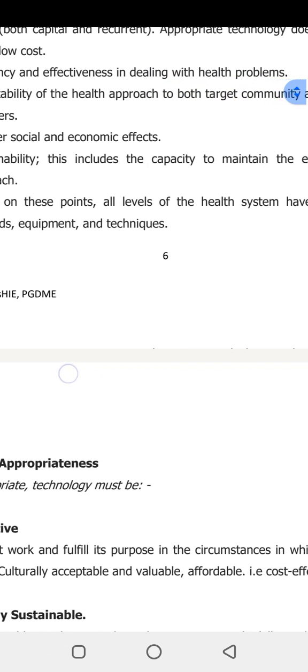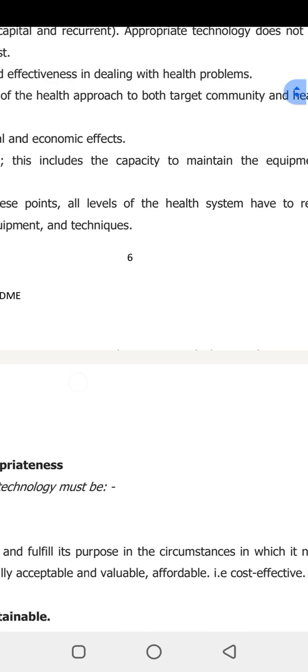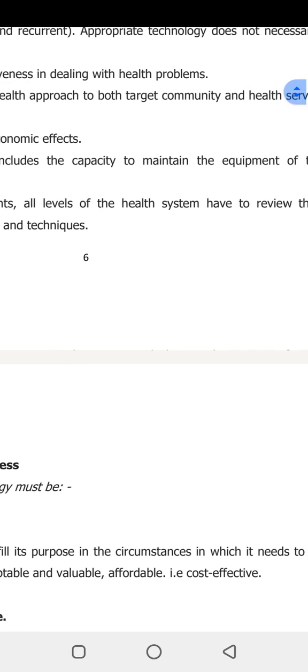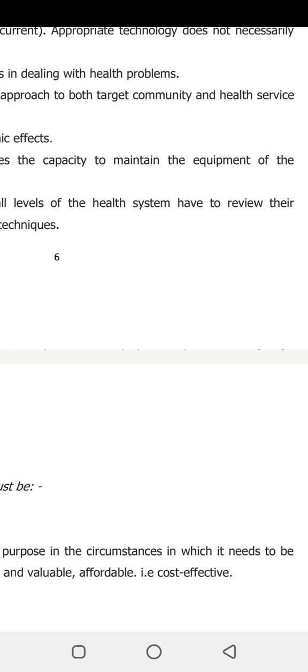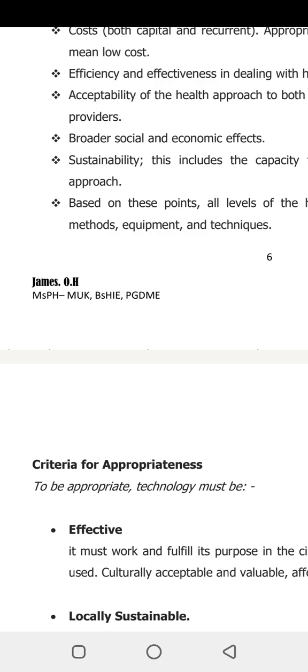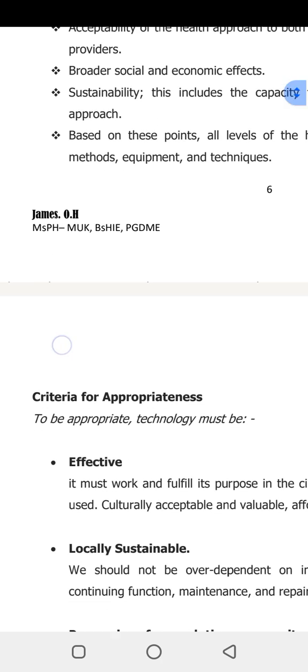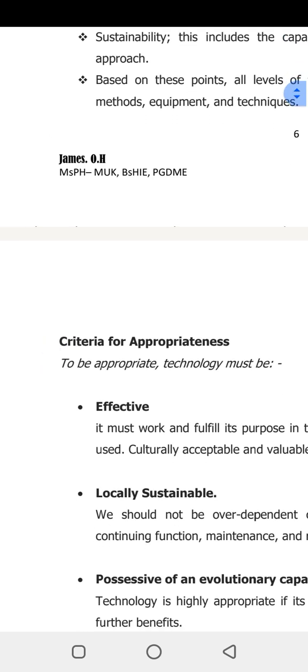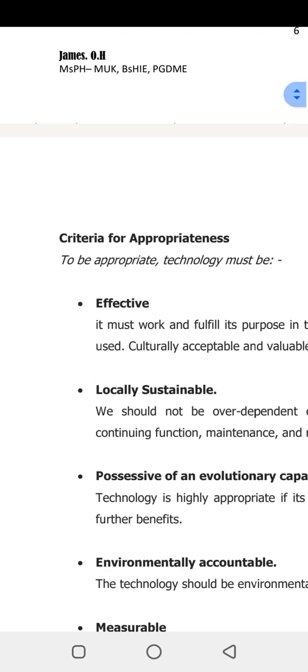Based on these points, all levels of the health system have to review their methods, equipment, and techniques. Criteria for appropriateness.